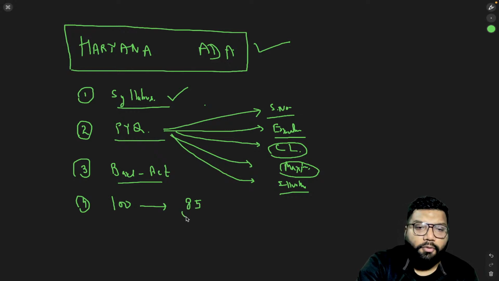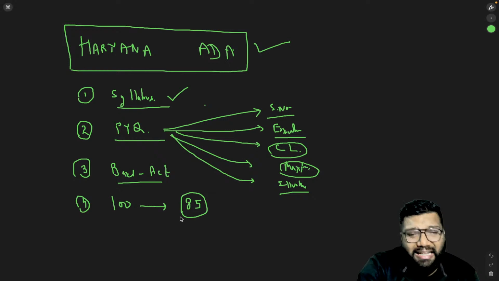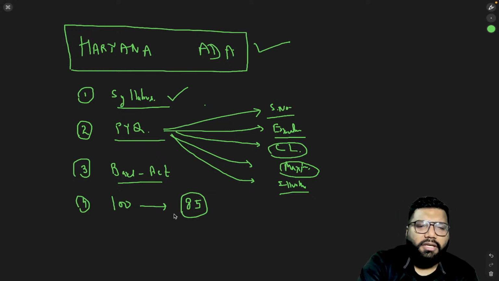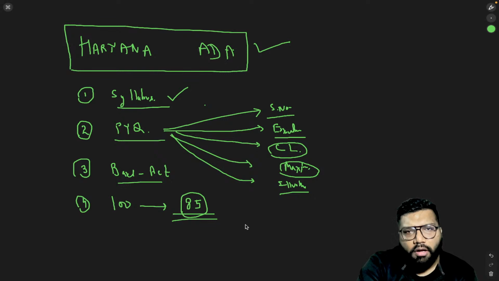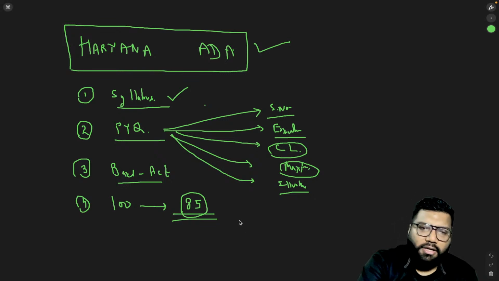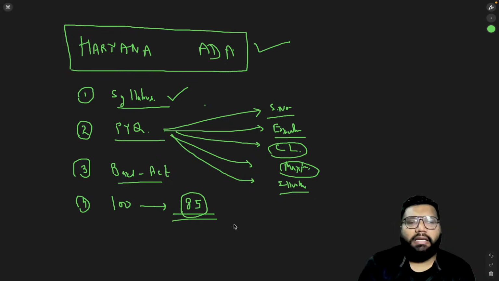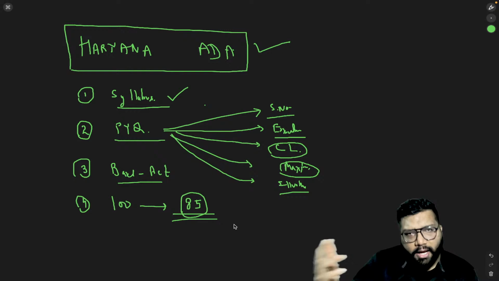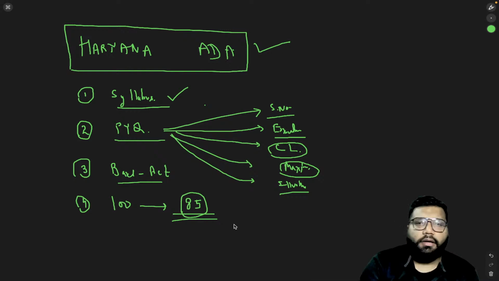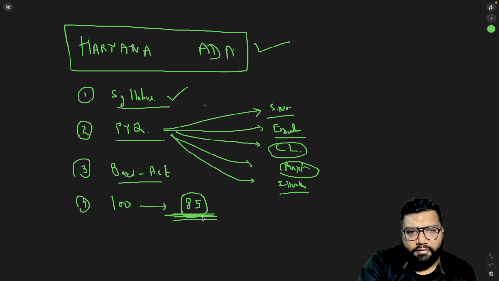The cutoff may go higher, but this can be considered a safe score for the general category. As you can see, in 2022 as well, the cutoff went high due to cutthroat competition. So you should prepare for a minimum of 85. I hope this will help.